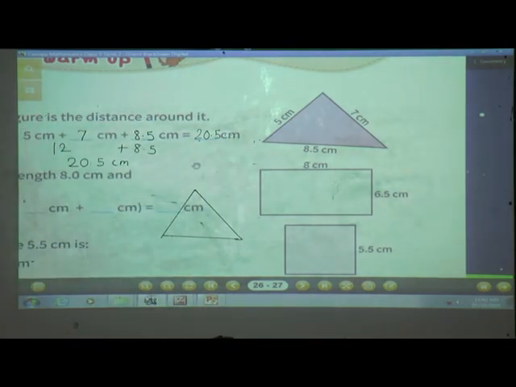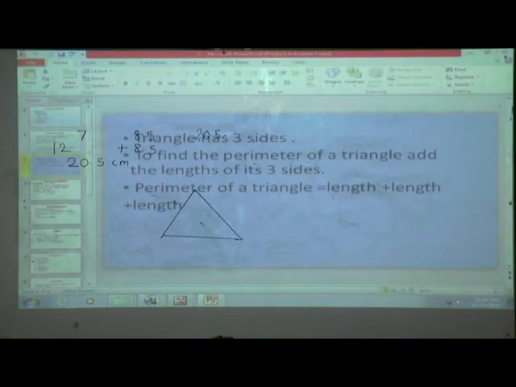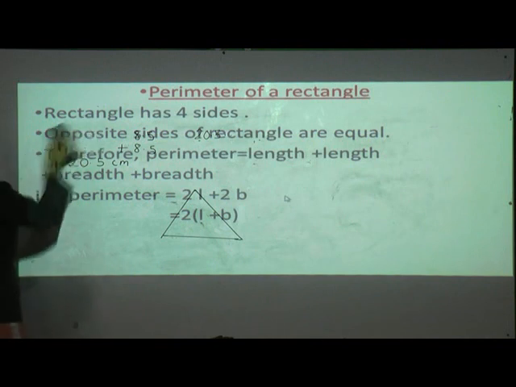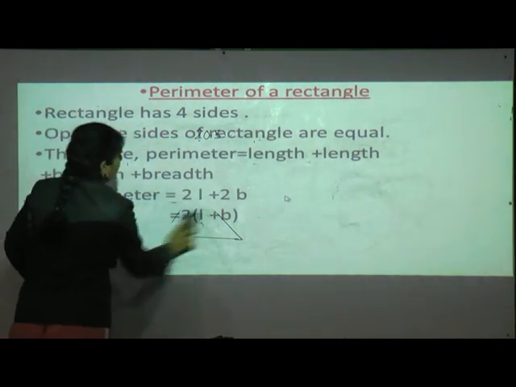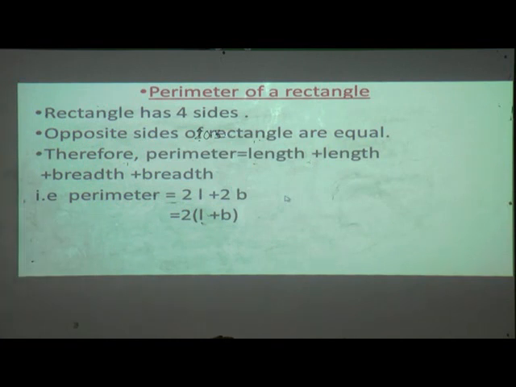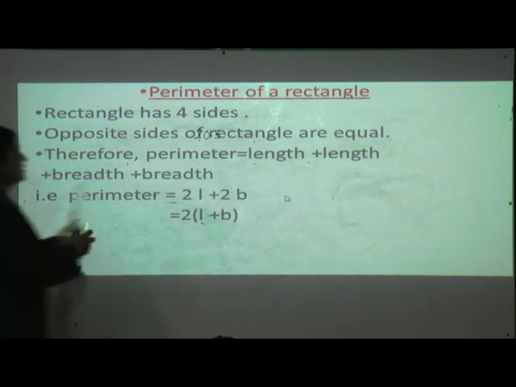Now we will see the next one. Perimeter of a rectangle. See students, all of you know a rectangle has 4 sides. Yes students, a rectangle has 4 sides like this.